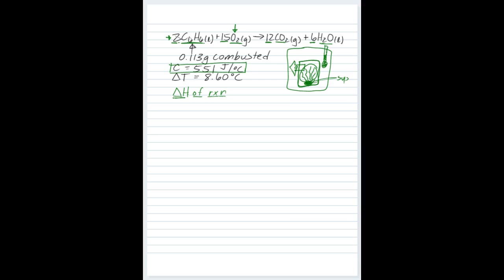For that equation with those stoichiometric coefficients, what is delta H? Delta H can be greater or smaller with greater and smaller amounts of things. And when you report the delta H of reaction, you're reporting the delta H for that specific stoichiometry. So it's important that you know how much of the stuff you have so that you can calculate that.